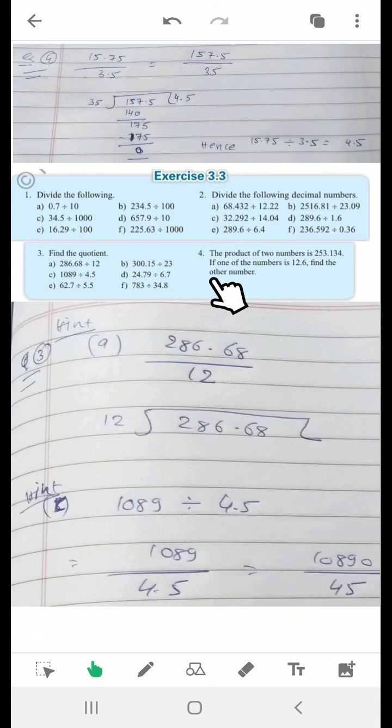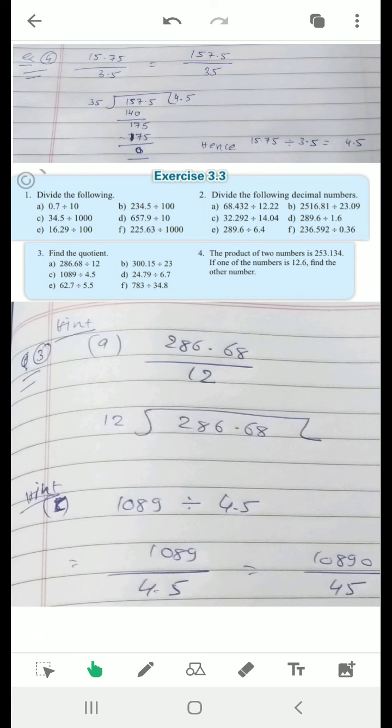Just read the question. The product of two numbers is 253.134. If one number is 12.6, then find the other number. Dear students, read it carefully. Many times you have got this kind of question.